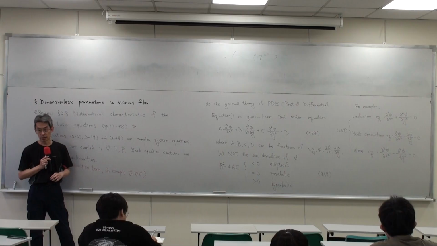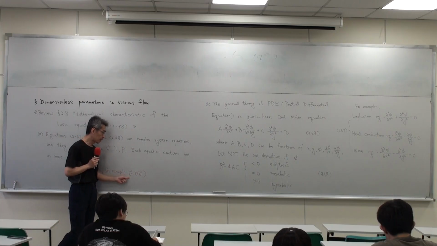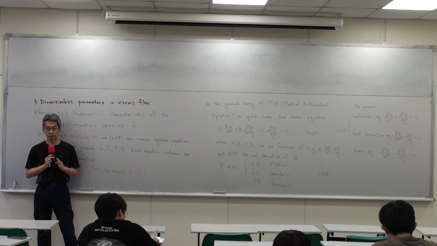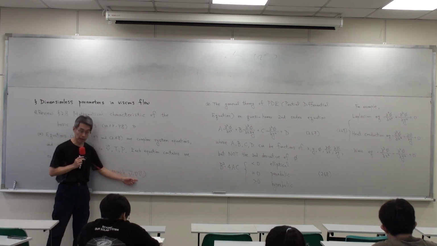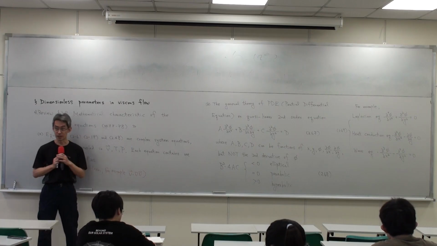In the energy equation, you have a velocity with a temperature gradient. But both the velocity and the gradient are unknown. So this is the problem in the governing equation.